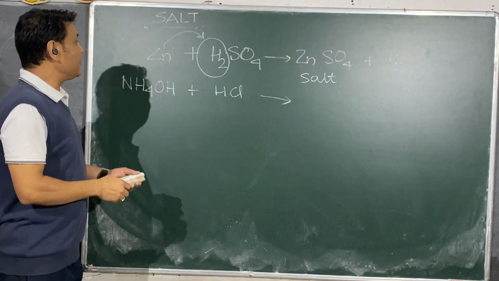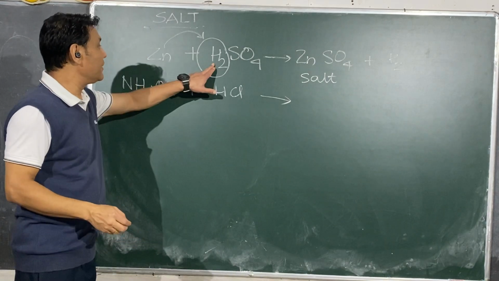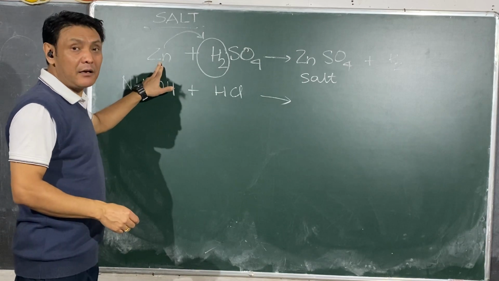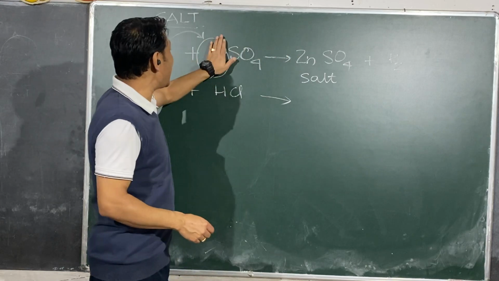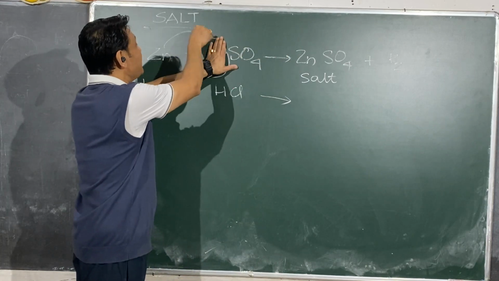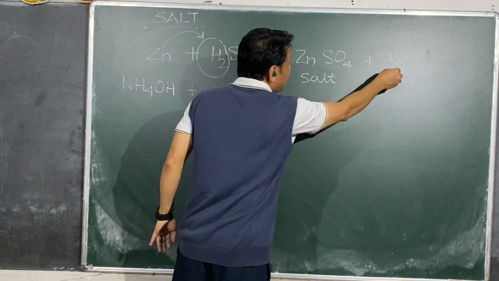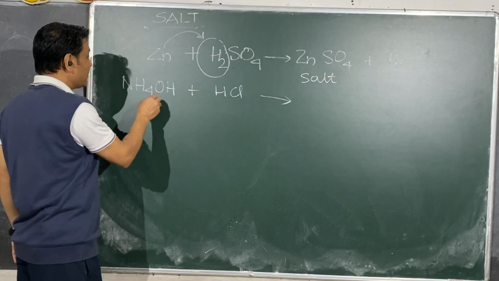So let me tell you again, when hydrogen ion of an acid is replaced by metal, what is formed? The hydrogen ion of the acid is replaced by zinc, so it becomes zinc sulfate, that is a salt, and hydrogen.